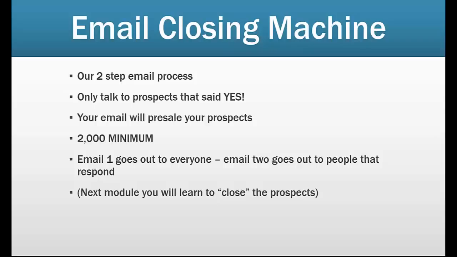Am I saying that you're going to close 3% of 2,000? Absolutely not. There are all sorts of problems you're going to run into. For example, spam filters. If you're sending out emails and they're instantly getting sent into spam and nobody's opening your emails, then you're going to get a lot fewer results. So instead of getting 2,000 emails opened or seen by business owners, you may only get 500.